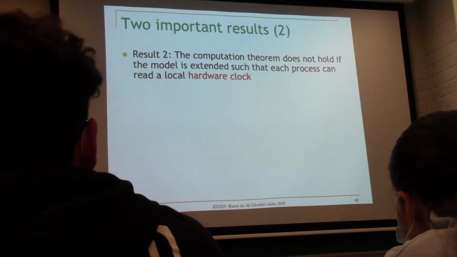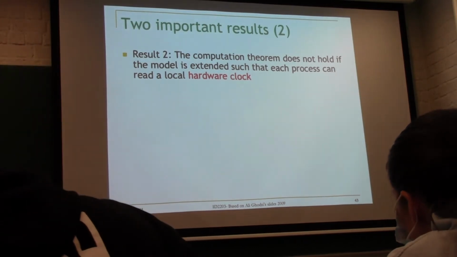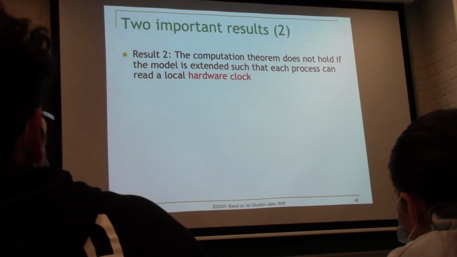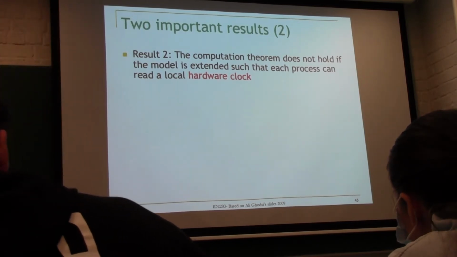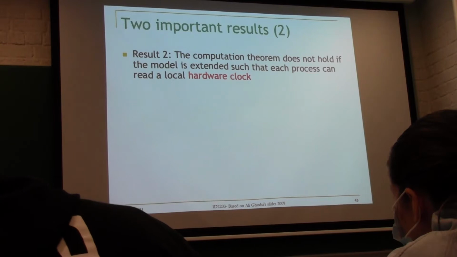Okay? Here's another result. You can extend the model if you want to know the execution order; you have to use a different model. So this theorem holds in the model we defined last week. Remember I told you when you define a model, it has to be strong enough that you can prove impossibility results.